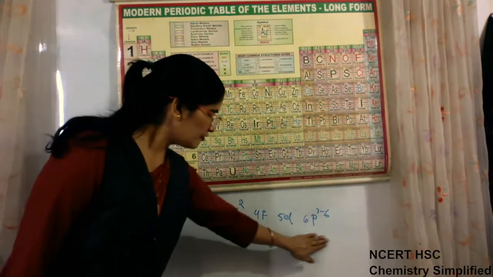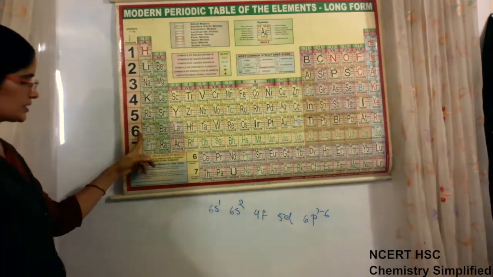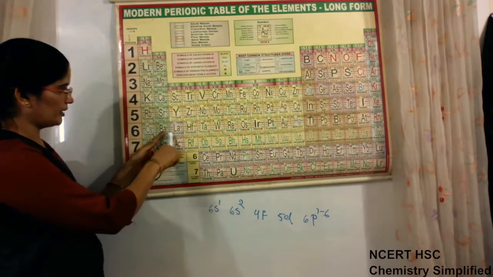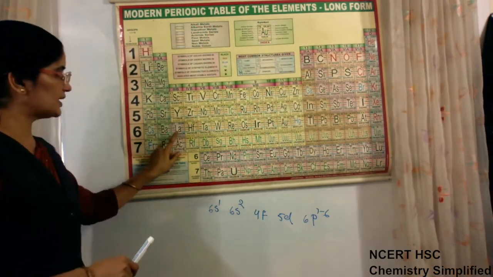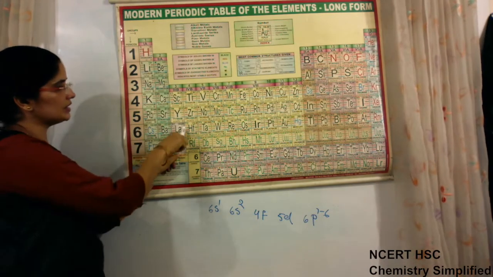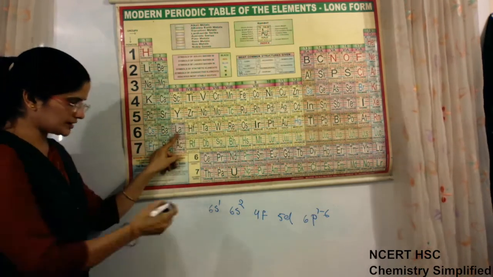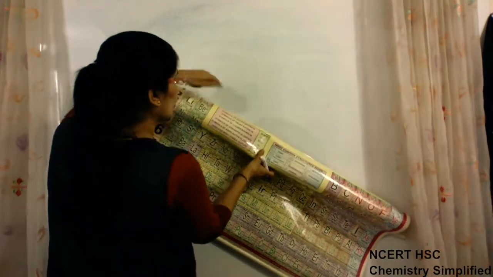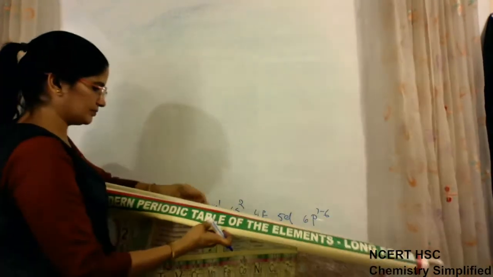This should be the filling in case of 6th. So what will happen from here? When there is lanthanum having atomic number 57, which is placed in the d block, you can see. So first, according to energy, what is there?